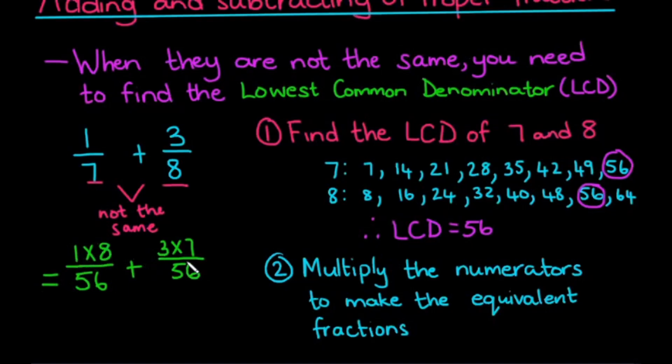And then on this side, to get my 8 to 56, I had to multiply it by 7. So what I did to my denominator, I have to do to my numerator as well. So 3 times 7. So now I can go and add them. So 8 plus 21, and my answer there will be 29 over 56.